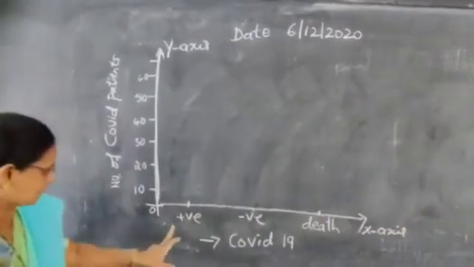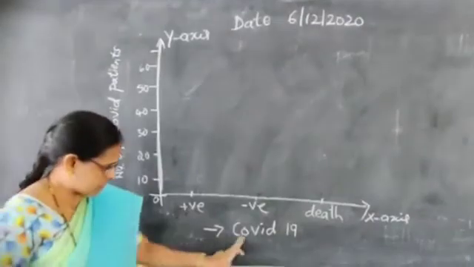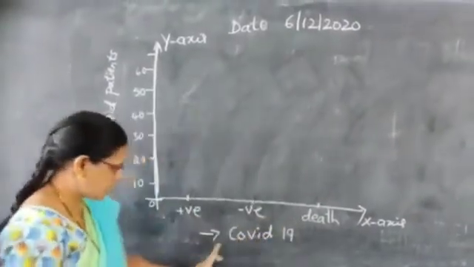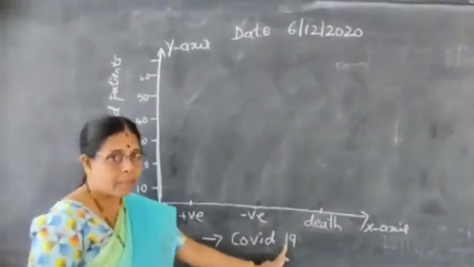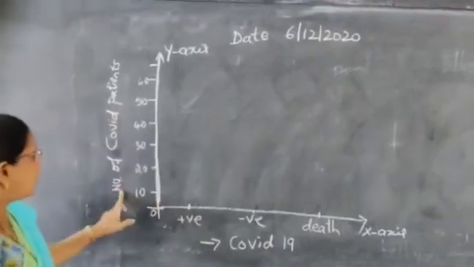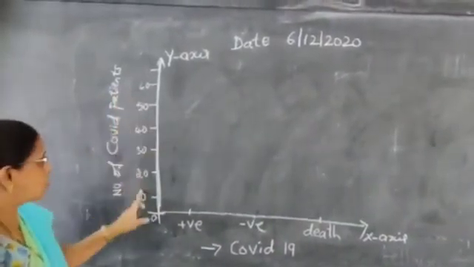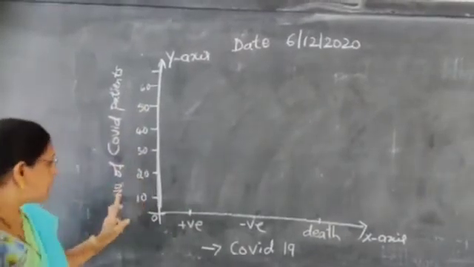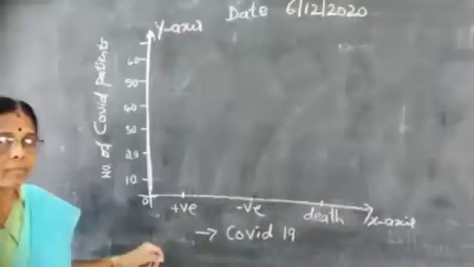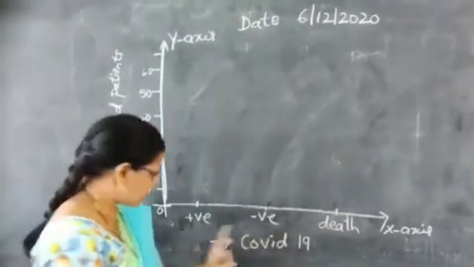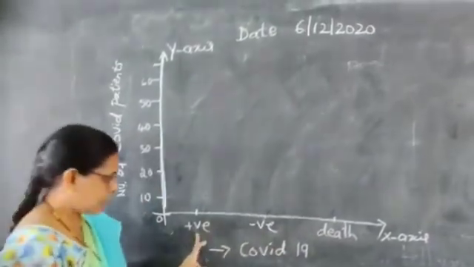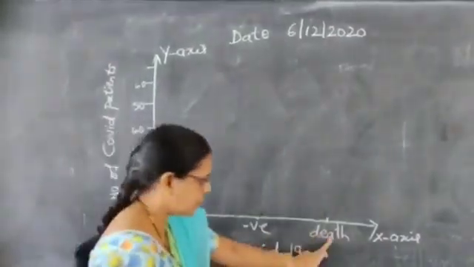So here the horizontal axis will take COVID-19, but the vertical axis is the number of COVID patients. What does the vertical axis show? Number of COVID patients. The horizontal axis shows positive patients, negative patients and deaths.